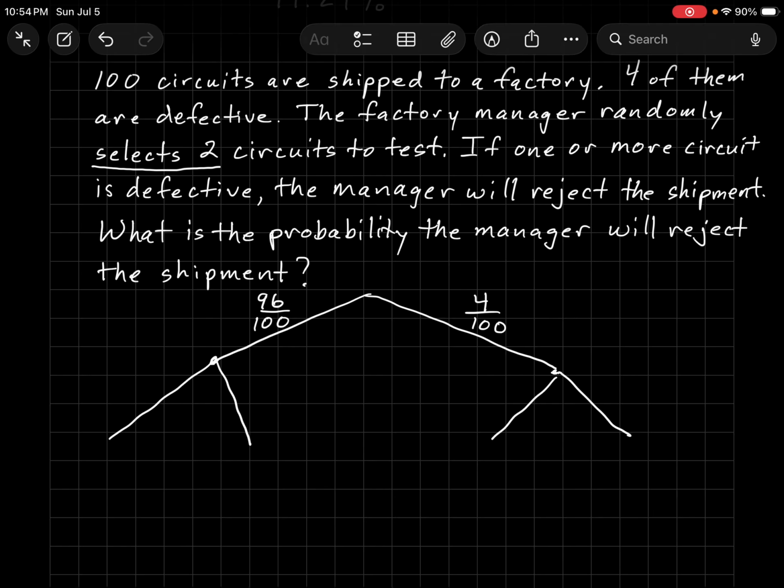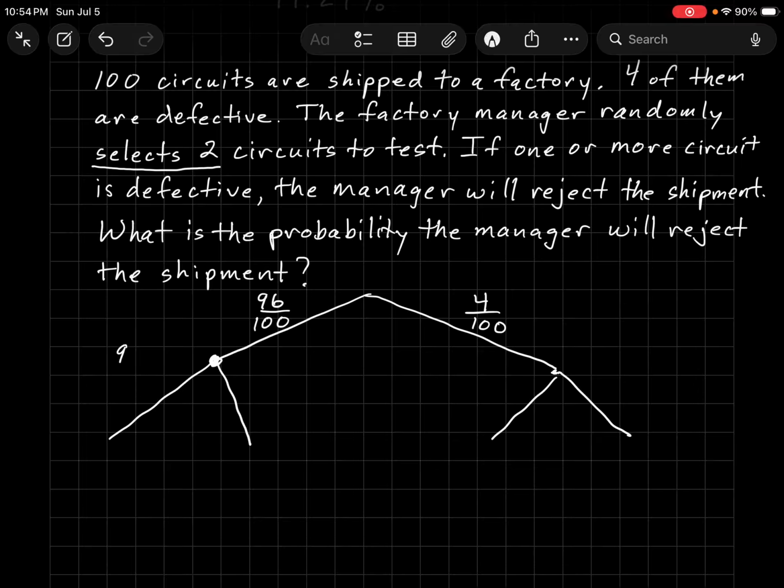Now, pretend that the first circuit chosen was good. So I'm going to go down this side, that is the left side, and look at my second level. What is the probability of randomly choosing a good circuit the second time?